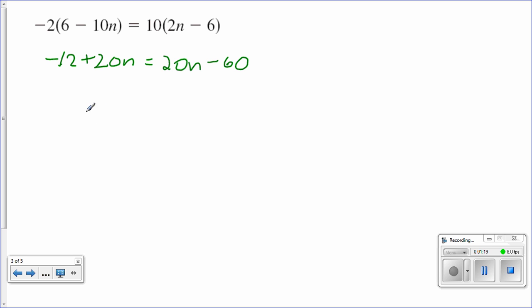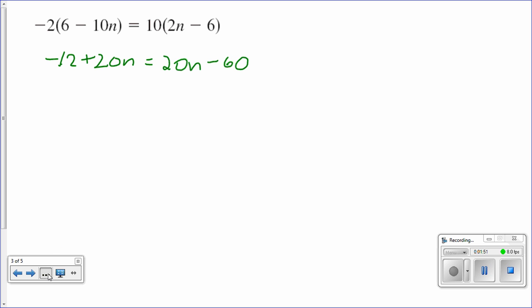Now, pay close attention to this equation, because at this point right here, we should realize something about it. We're trying to figure out what the value in the n bucket is. Remember when we thought about the balance perspective, we have 20 n's and 12 negative 1's on the left side of the balance. We've got 20 n's and 60 negative 1's on the right side of the balance.